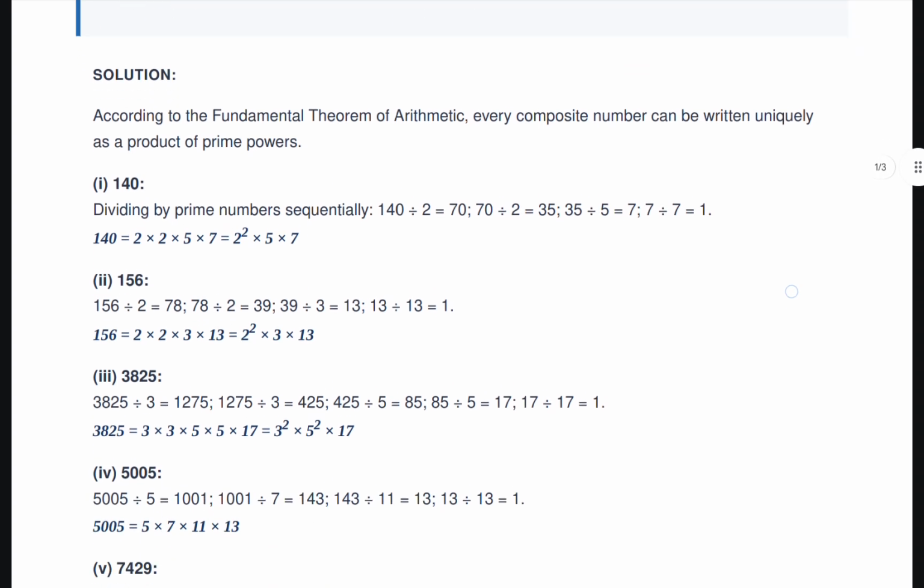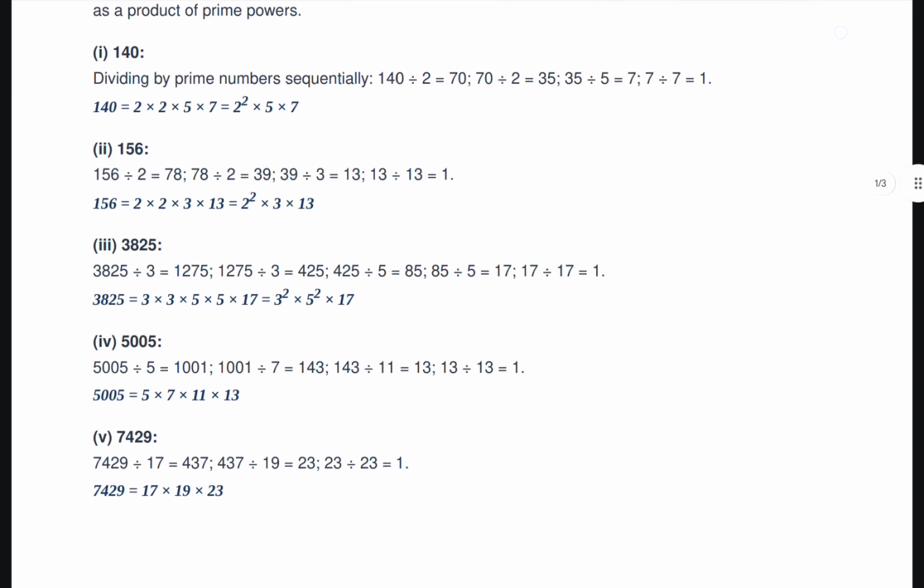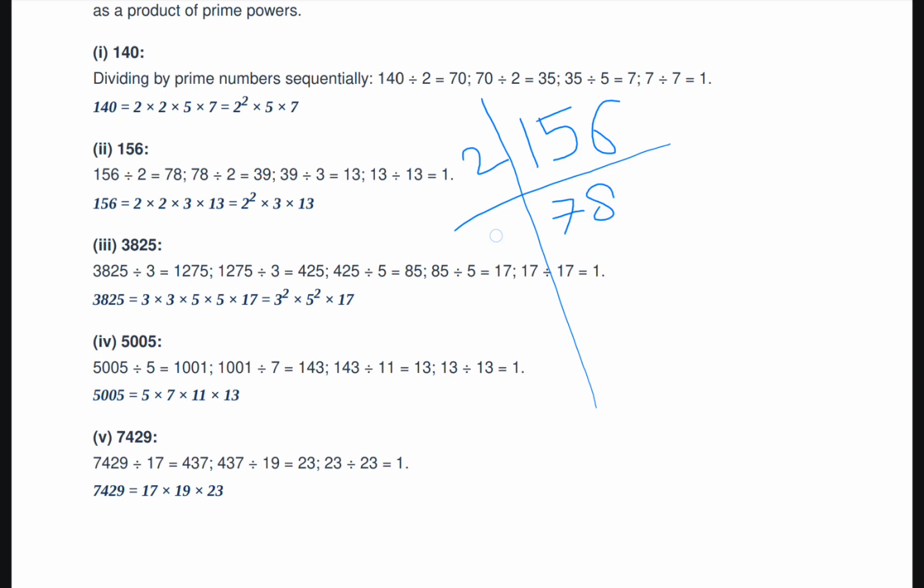Now come to the next question, number 2, 156. Again you will do the same thing. You will factorize 156. You will get here 2 sevens are 14 and 2 eights are 16, and after that you will get 39.